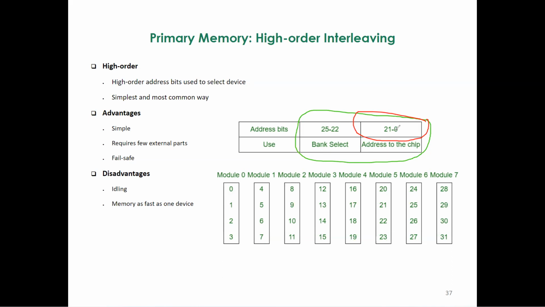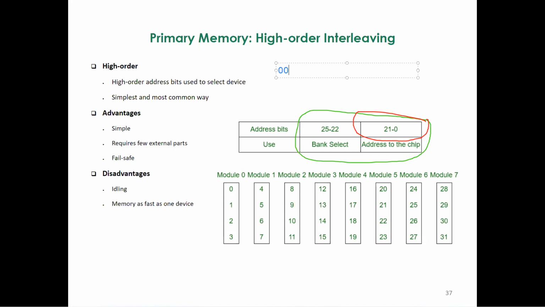So, for example, before we go to the exercise that we are doing, let's say you have an address like 0, and then you have 0, 0, 0. There are 26 bits.